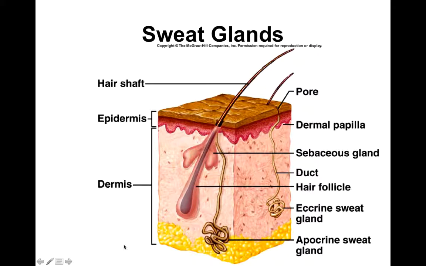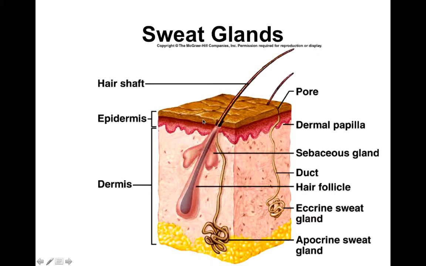Sweat glands. Sweat glands are specialized glands. Remember, these are all exocrine glands because they lead through tubes or ducts to the outside of the body.